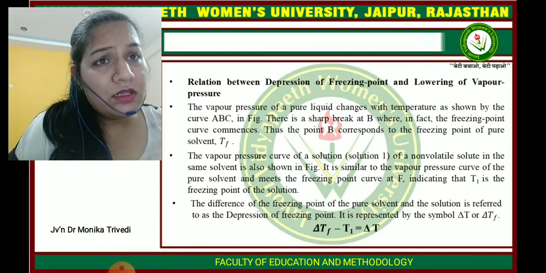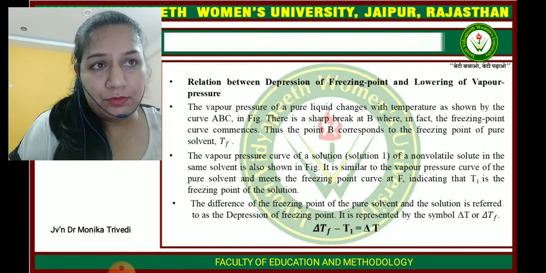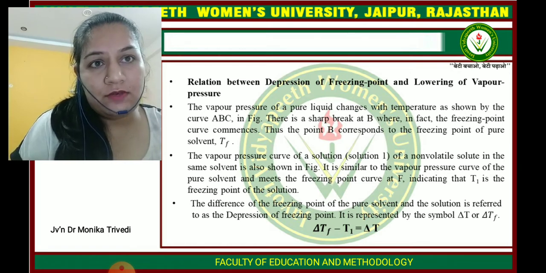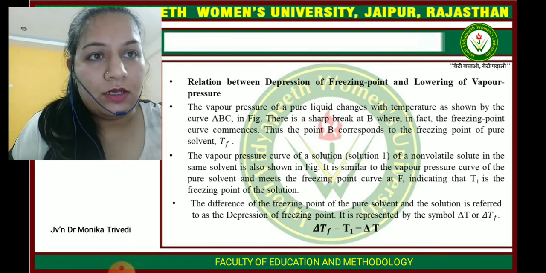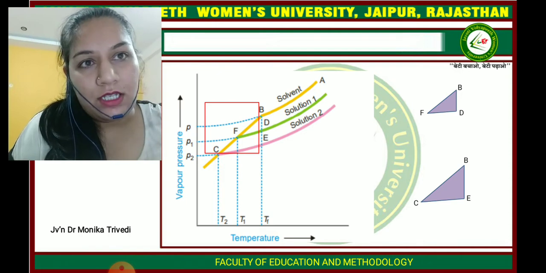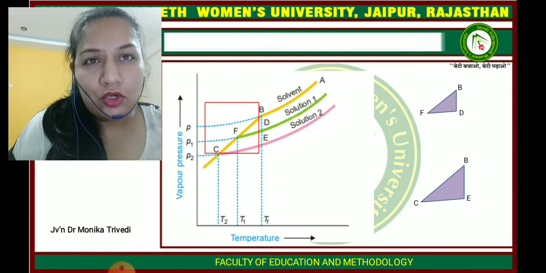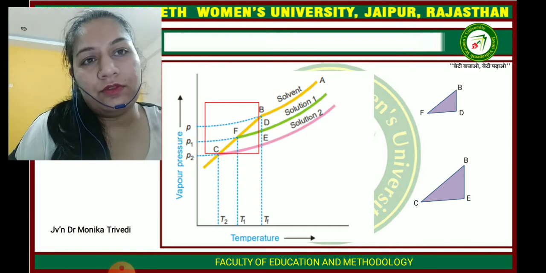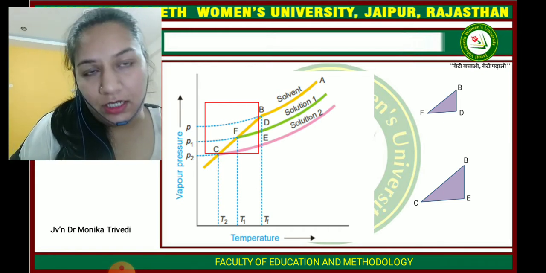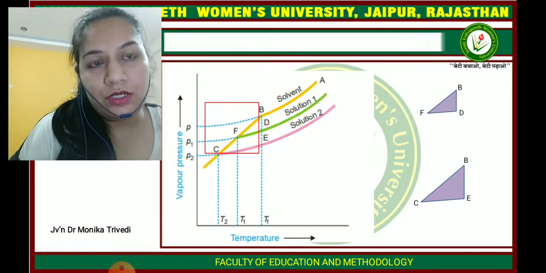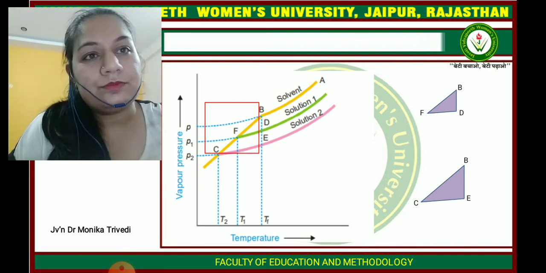The vapor pressure of a pure liquid changes with temperature as shown by the curve ABC. This is the normal vapor pressure curve of the pure solvent. If we add a non-volatile solute to it, the vapor pressure decreases.